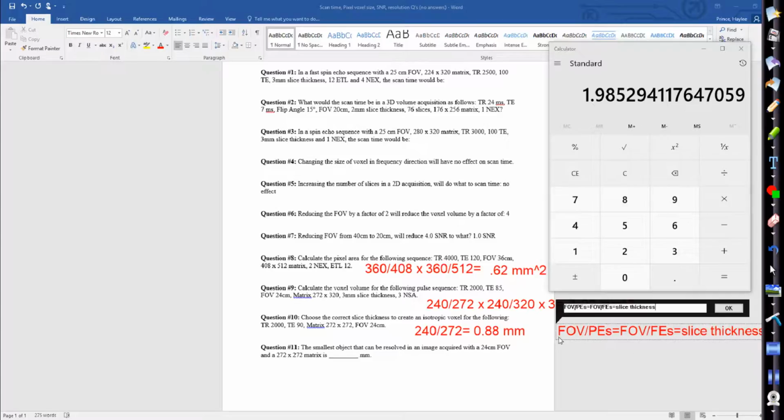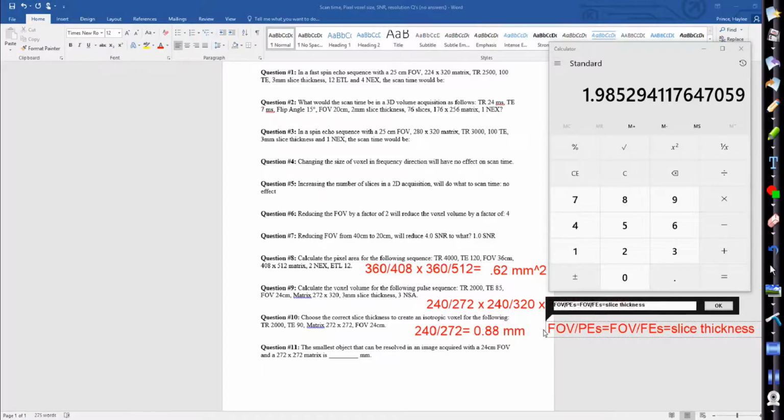So this is the equation you should be thinking about when you're thinking about isotropic voxels. An isotropic voxel is represented by this equation right here. Field of view divided by our phase encoding equals our field of view divided by our frequency encoding, which also equals our slice thickness.